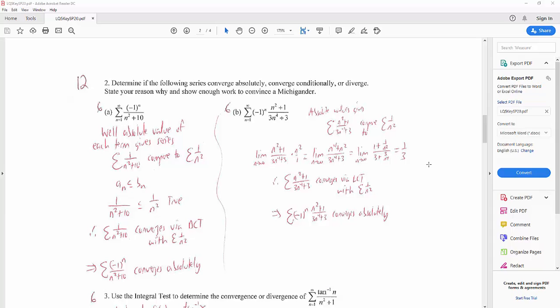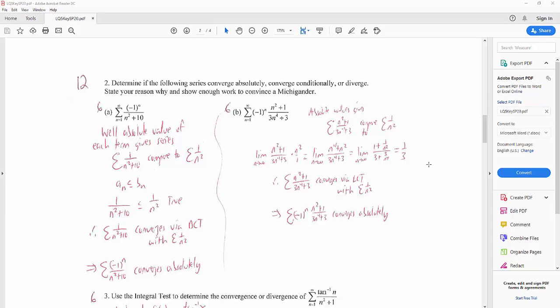Part B, again, I started off by saying, well, if I look at the absolute value of each term of the given series, I get the series n squared plus 1 over 3n to the fourth plus 3. I'm going to compare that to 1 over n squared. Again, p series, I know it converges. Here, I can't do a direct comparison test, but I can crank it through the limit comparison test.